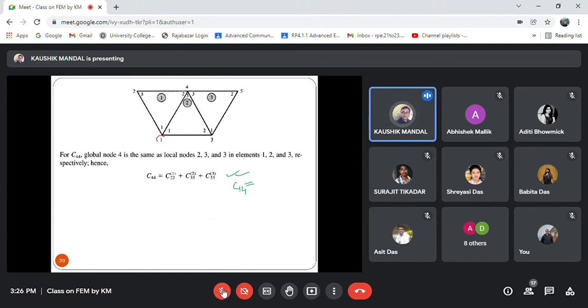Once again, you have to mark the corresponding global nodes 1 and 4. That means now you can't consider the nodes that are associated with the element. Rather, you have to consider this connecting line between the corresponding global nodes.